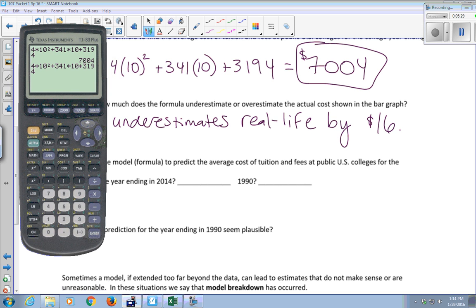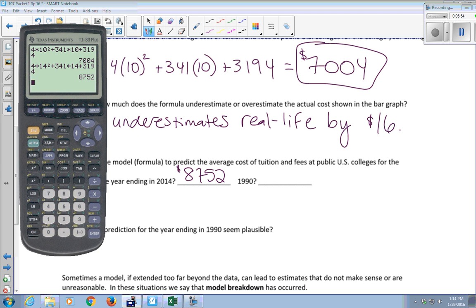So I'm just changing these all to 14s. And I get 8,752. Seem like a reasonable estimate? Went up, which we expect it to do, right? Yep.